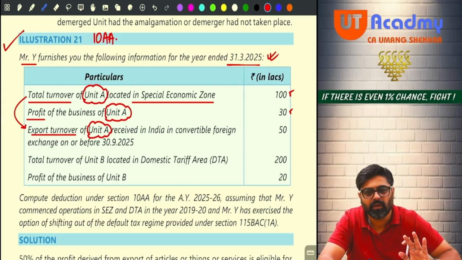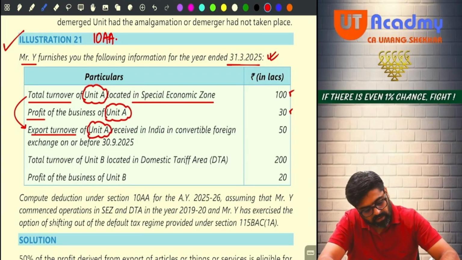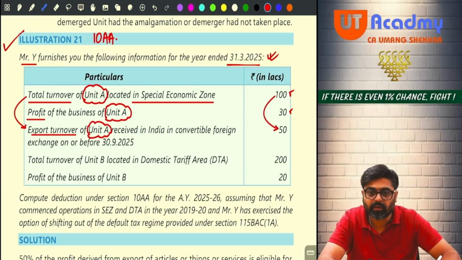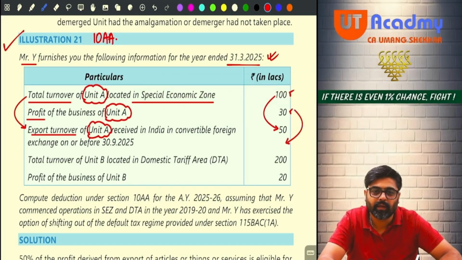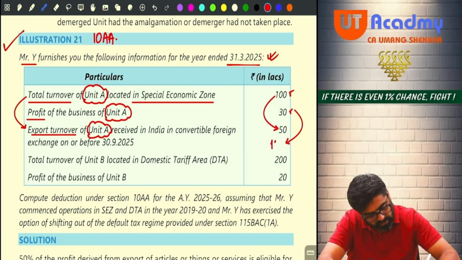Export turnover out of 100, 50 is export turnover. So out of 30, 15 will be your export profit.